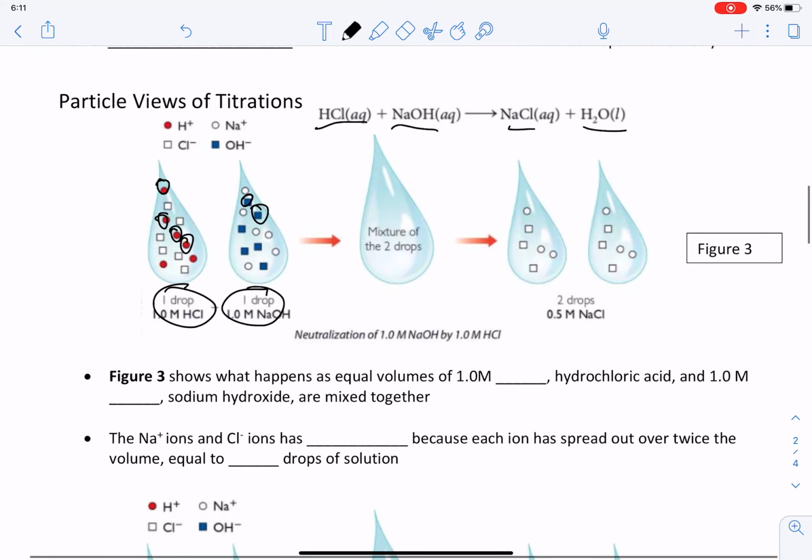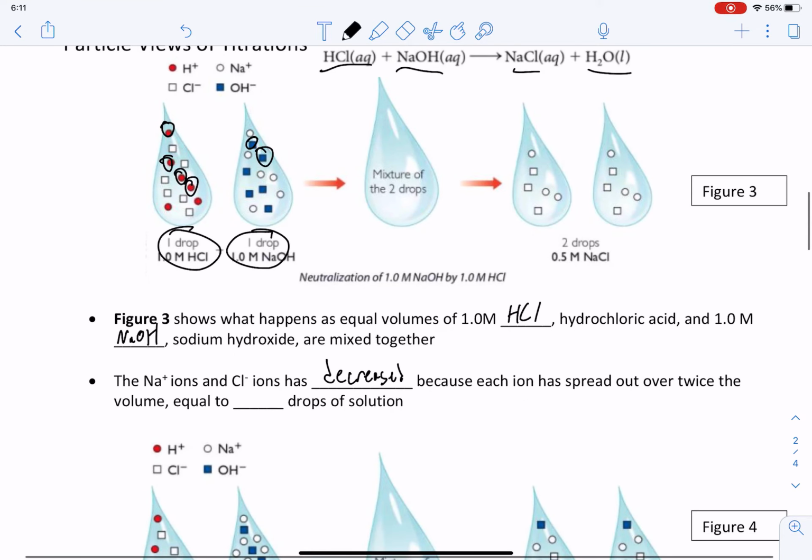We add them together, and in figure 3, equal volumes of 1 molar hydrochloric acid and 1 molar sodium hydroxide are mixed together. And so these free-floating ions have actually decreased, because each ion has spread out over twice the volume, and that's equal to 2 drops of solution.